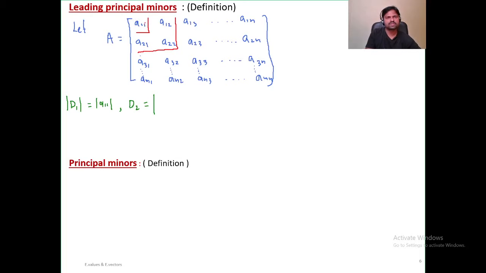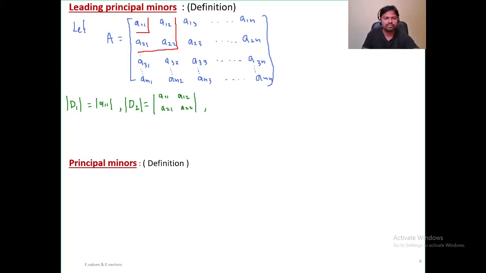With respect to this leading element, we are finding all the minors, which is why it is called leading principal minors. Now I generated a 2 by 2 matrix with A11, A12, A21, A22, and its determinant is called D2.